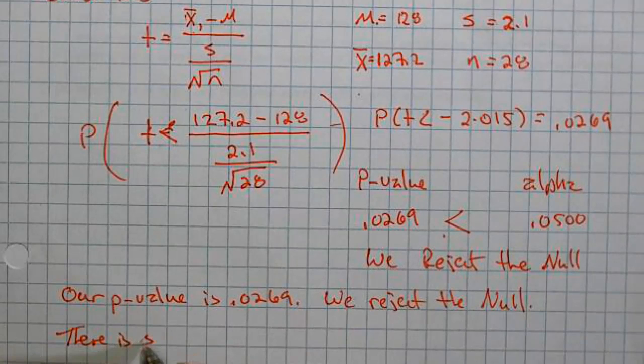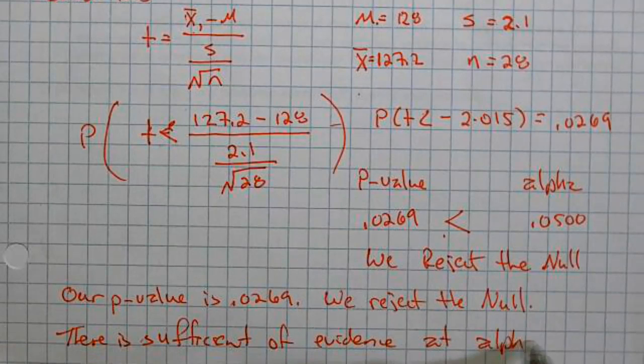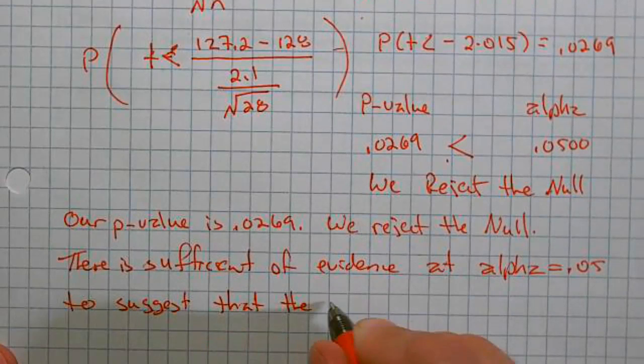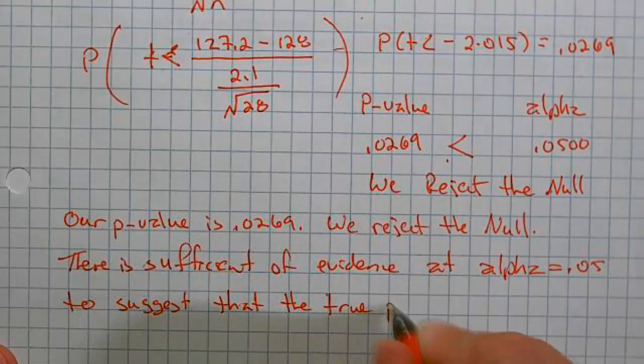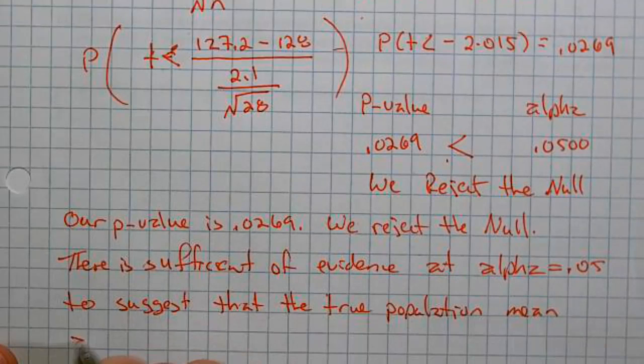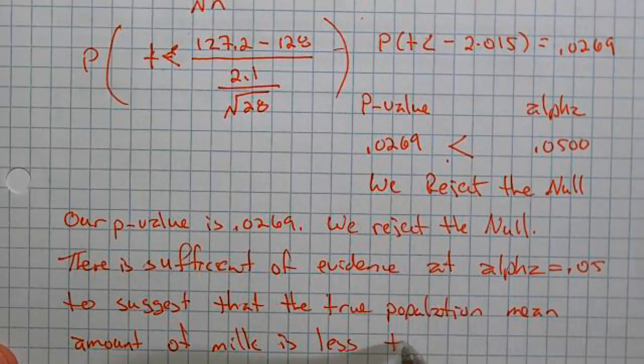There is sufficient, in other words, we have enough, we have plenty of evidence at alpha equal 0.05 to suggest that the true population mean amount of milk is less than 128 ounces.